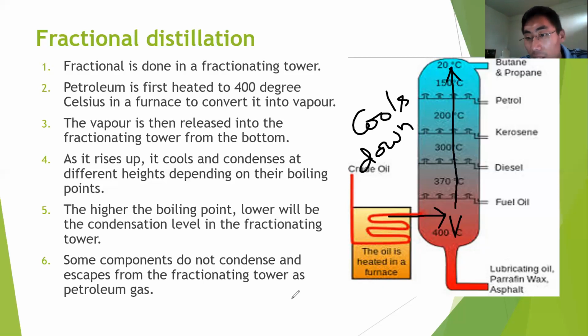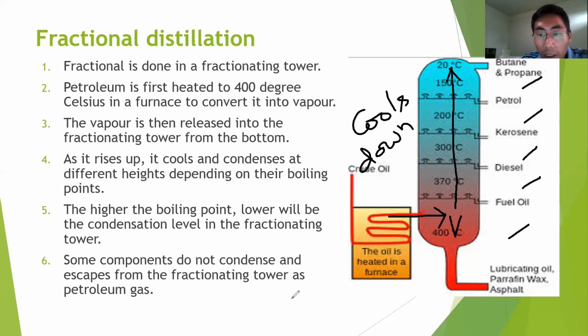You can see as you go up, the temperature is decreasing, from 400 to 370, 370 to 300, 300 to 200, 200 to 150. So as the vapor goes up, it starts to cool down. Now when it cools down, it condenses at different heights.